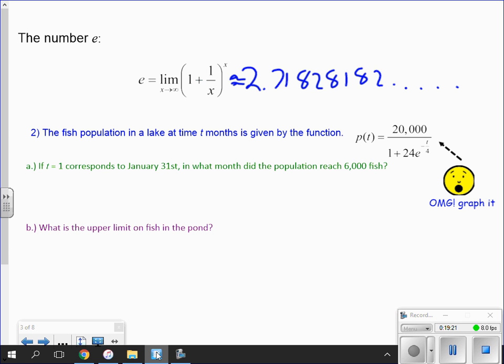But if you trace it on your calculator, which is really hard to do, you get that it hits 6,000 at about 9.323, which would translate into October.